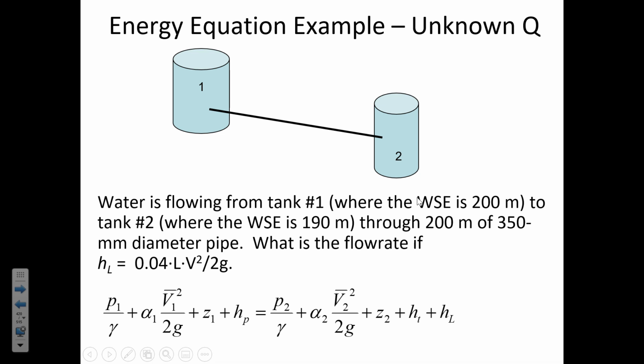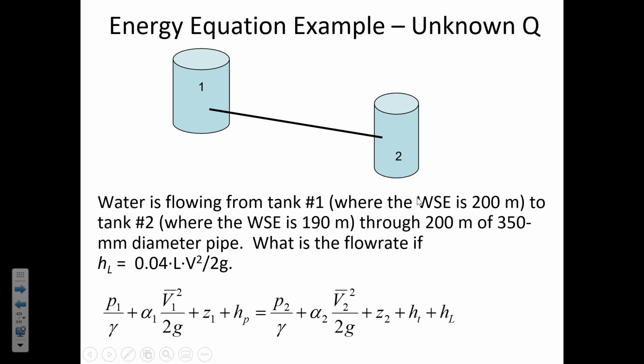Now, we're going to be applying the energy equation at these two locations. And so, the energy equation is P1 divided by gamma plus Z1 plus V1 squared divided by 2g plus the pump head term, is equal to P2 divided by gamma plus Z2 plus V2 squared divided by 2g plus the turbine term.